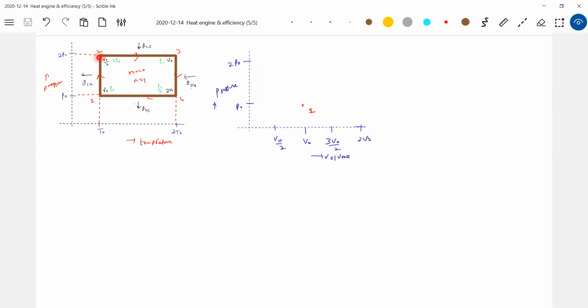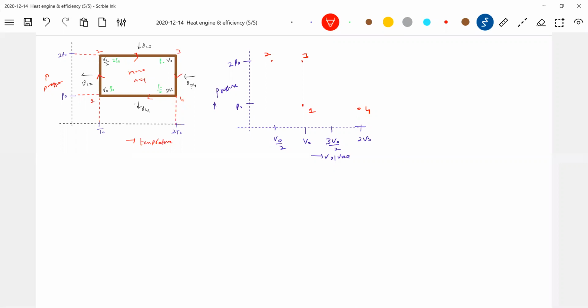So the point should be here. Now let's come to point 3: 2 P naught and V naught. What about point 4? P naught and 2 V naught.